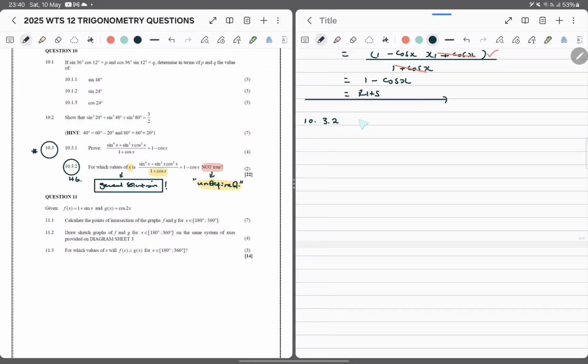So let's have a look at 10.3.2. This happens when 1 plus cos x is equal to 0, which implies that cos x is equal to minus 1. This implies that x is equal to plus or minus arc cos of minus 1 plus k times 360 degrees, where k is an element of integers.